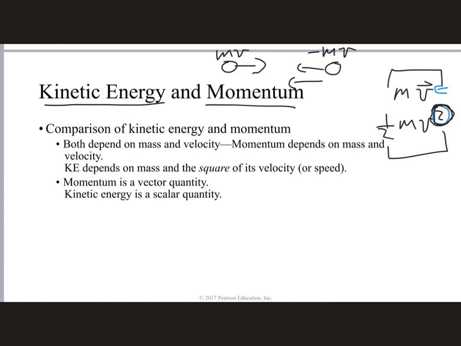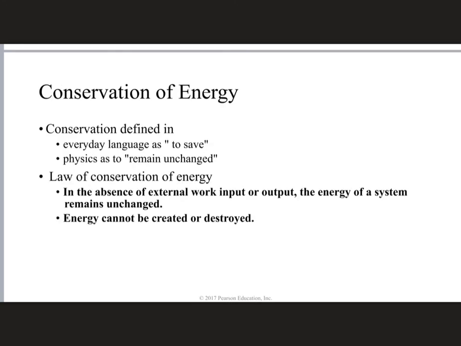Now, that is some of the big differences between kinetic energy and momentum, even though their formulas are very similar. And just to recap the very important principle of conservation of energy, in everyday language, when we talk about conservation, like conservation in nature, we mean to save something. But in physics, the word conservation has a very specific meaning, and it means the total doesn't change.